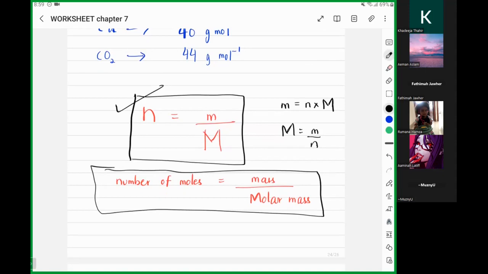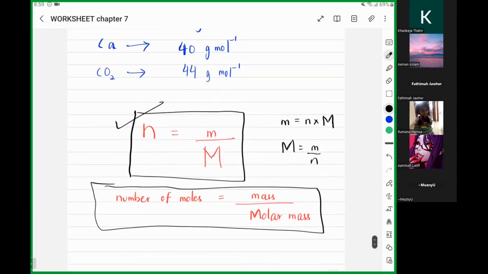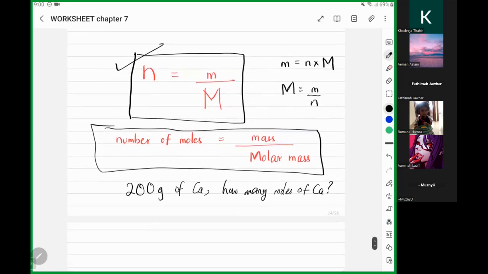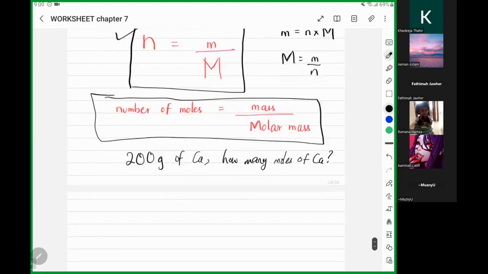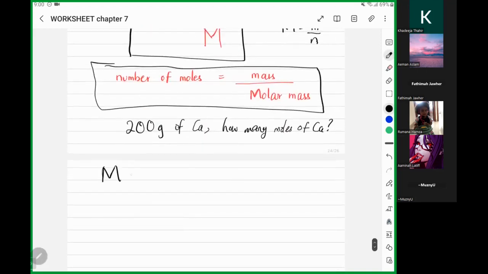So I'll give an example. Let's say I have 200 grams of calcium. How many moles of calcium do I have? This is the question. Now I know calcium's molar mass is 40 grams per mole, like what I wrote earlier.